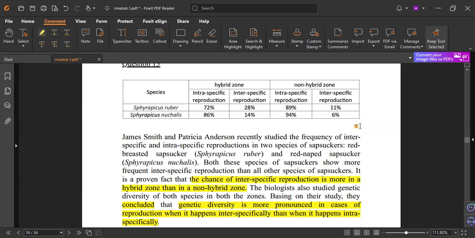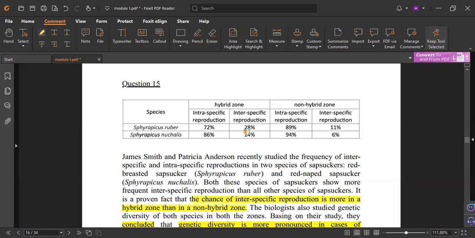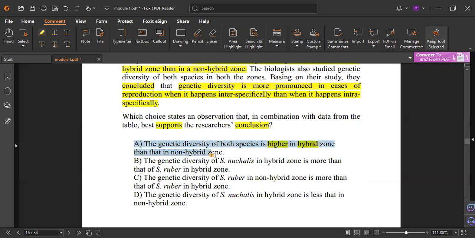Is it bigger or not? Here, for example, this one, the C and this one. So 28, 11, 14, this. That was mentioned here, as he mentioned for the conclusion. That's why. So higher or not? It's higher. So it must be letter A.